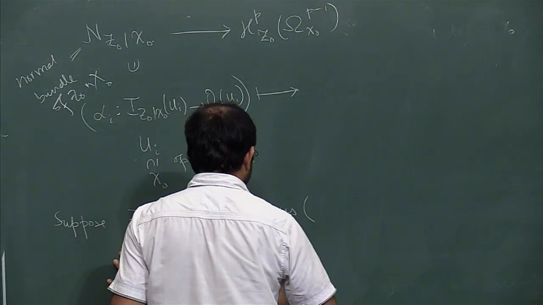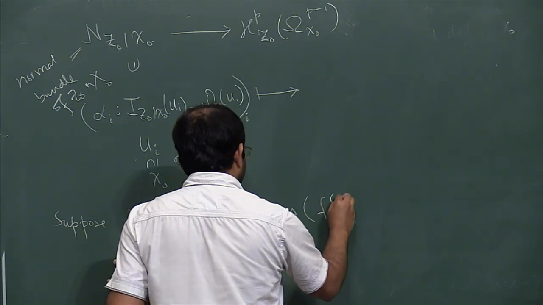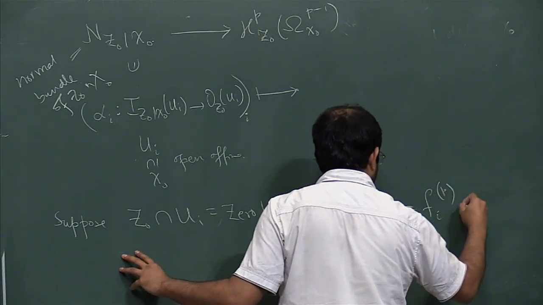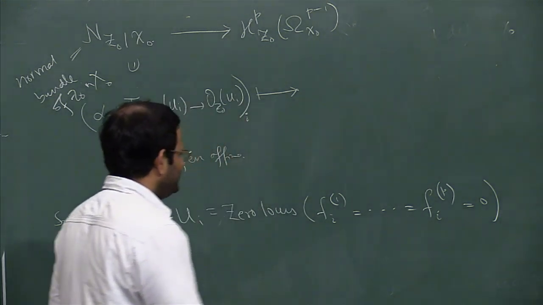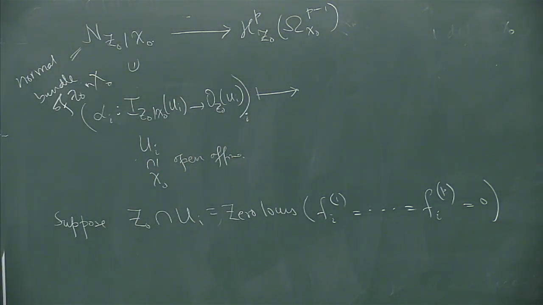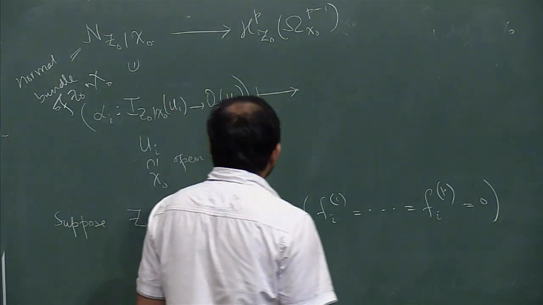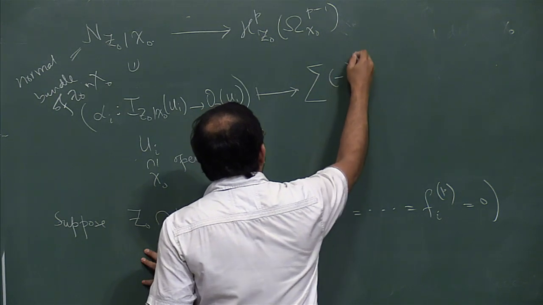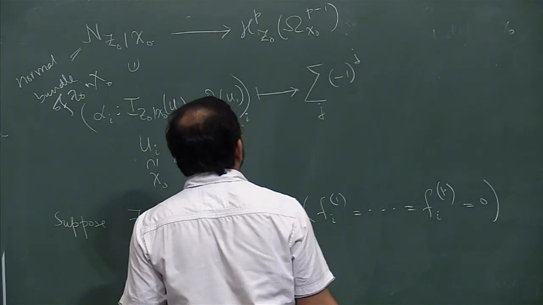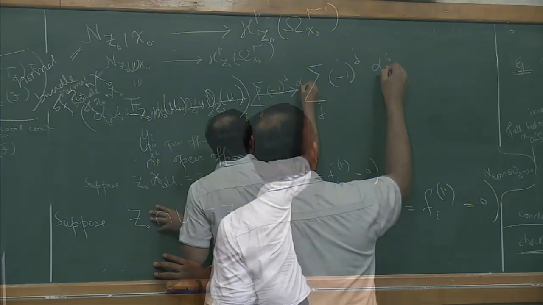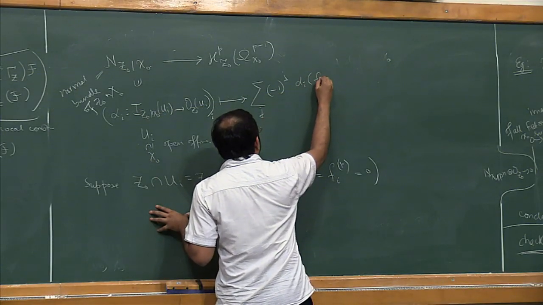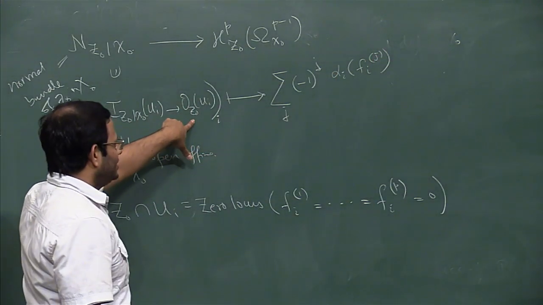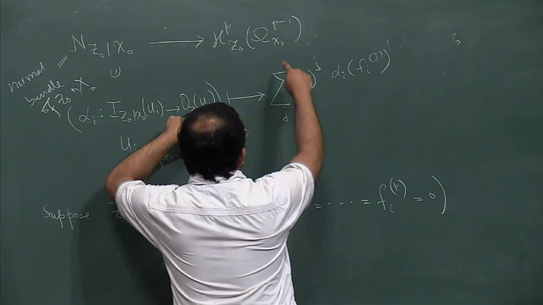So, I take that this is the 0 locus of some P equations in X. Okay. Now, here what I am going to do is alpha_i of f_ij. So, I am here now, but I want to be on X0.